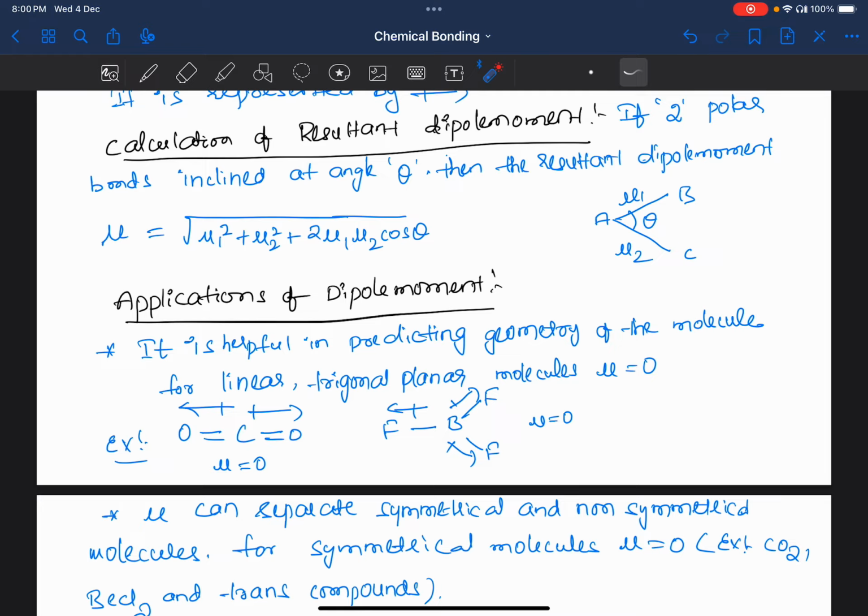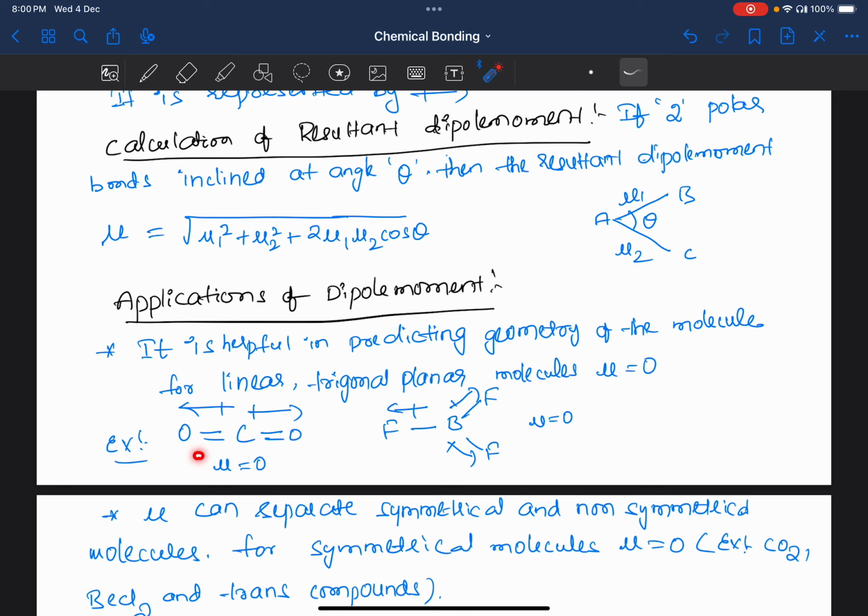See the example here, the carbon dioxide molecule. It has a linear structure. Now I'll explain. Carbon is a less electronegative atom compared to oxygen. The center atom is carbon and the side atoms are oxygens. Here the dipole moment is indicated from carbon to oxygen, and here also from carbon to oxygen.